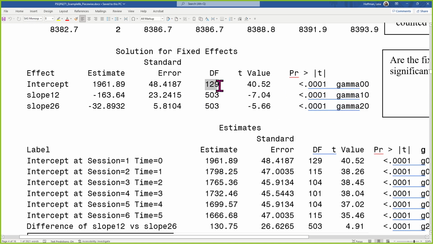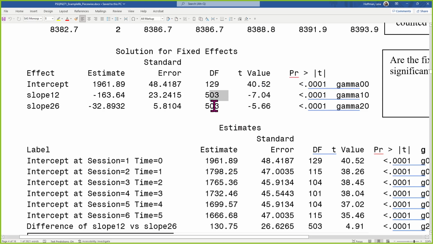Now note the difference in the reported degrees of freedom here. The intercept is much lower because it's random. So in Satterthwaite, the denominator degrees of freedom for fixed effects that have a corresponding random effect are going to look more like the level 2 sample size, whereas fixed effects that do not have a corresponding random slope are going to look more like the level 1, which is actually number of occasions minus number of persons minus fixed effects.